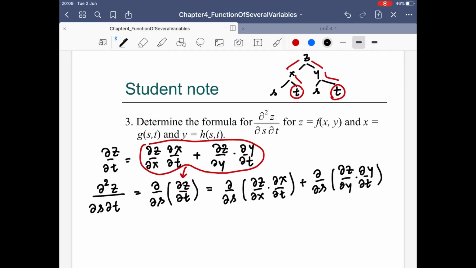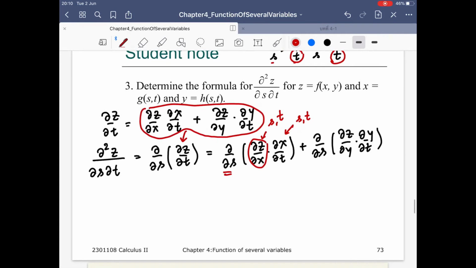However, because your z is a function of x and y, and your x is also a function of s and t, this dz by dx is also a function of s and t hidden. And of course your x is already a function of s and t, so this one also has s and t hidden. So if you need to find a derivative with respect to s further of this product, you really need a product rule.